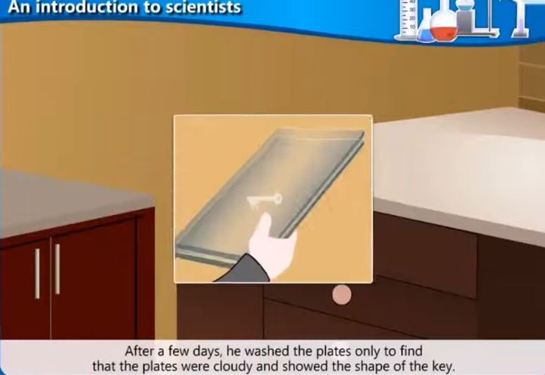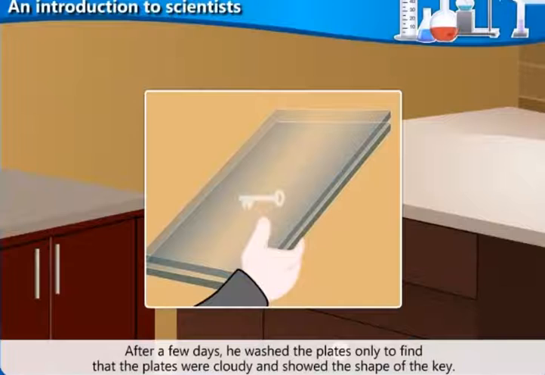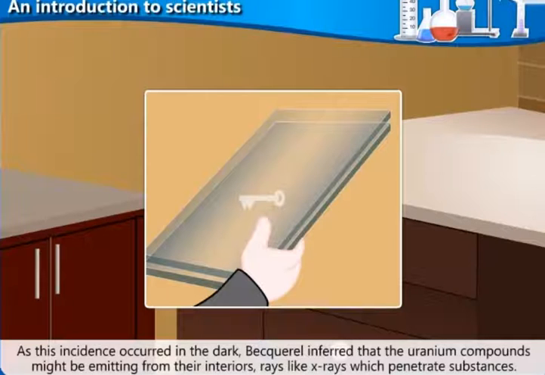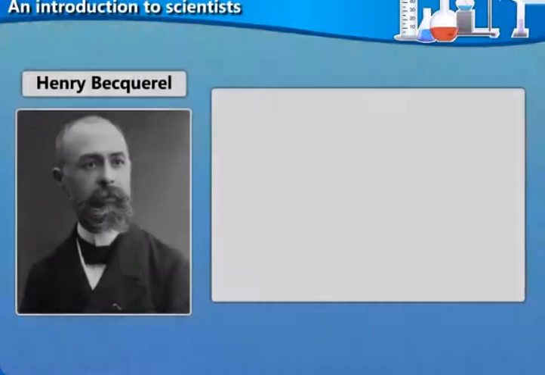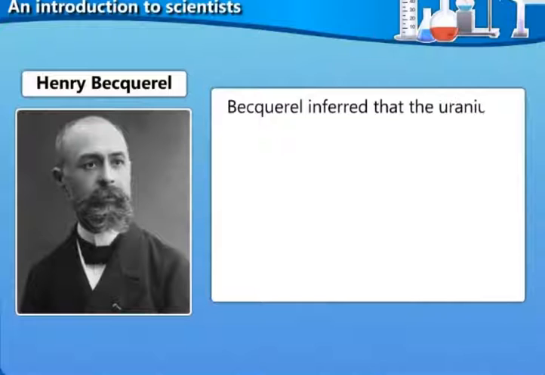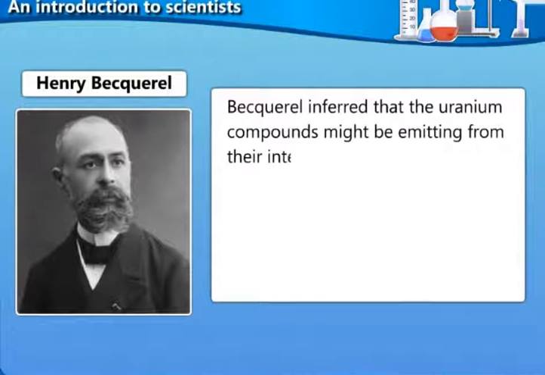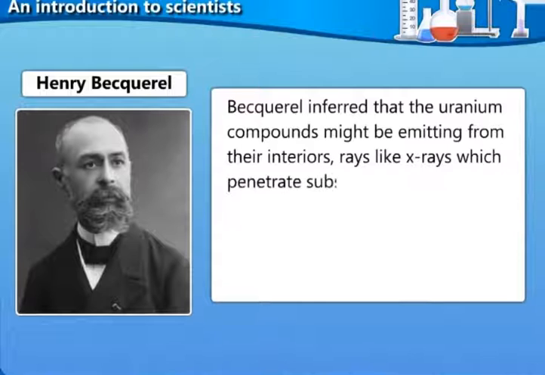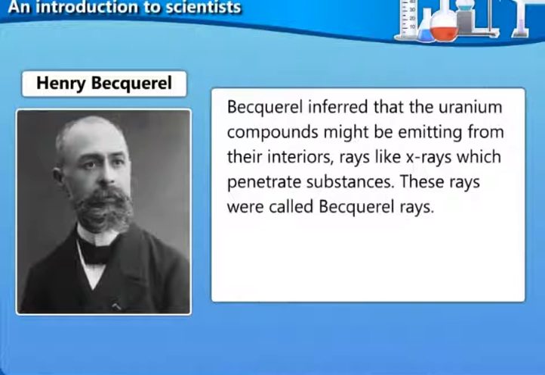After a few days, he washed the plates only to find that the plates were cloudy and showed the shape of the key. As this incident occurred in the dark, Becquerel inferred that the uranium compounds might be emitting from their interiors rays like X-rays which penetrate substances. These rays were called Becquerel rays.